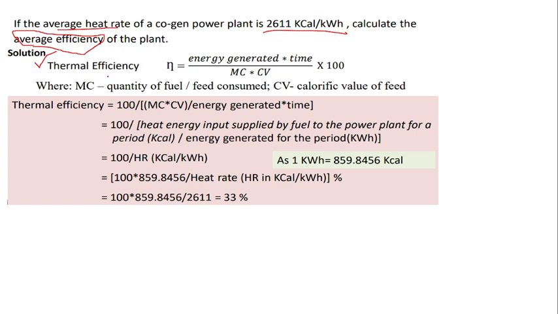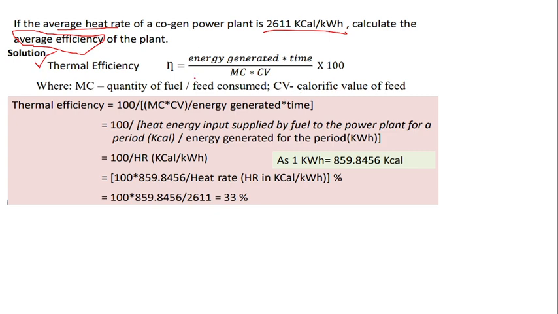To calculate the thermal efficiency, the formula is efficiency is equal to energy generated into time divided by MC into CV. MC is the quantity of fuel or feed consumed. For this much amount of feed, how much fuel is produced, that is the MC. And CV is the calorific value of the particular feed.